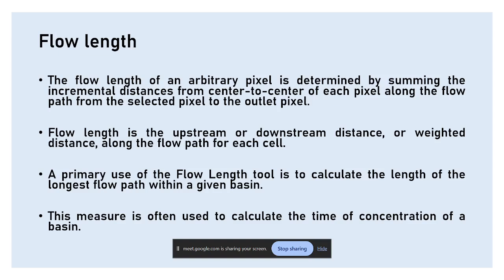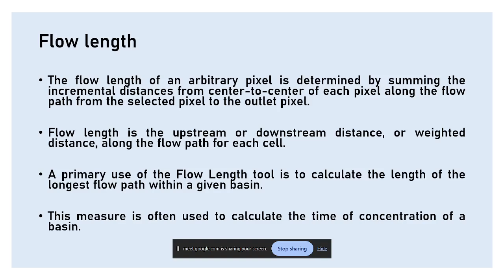This measure is often used to calculate the time of concentration of a basin. So basically how much distance it has to travel, we can determine that through this particular step in the surface hydrological model, because we are basically talking about the flow direction, right? So how far it has to travel, that can be determined in this particular step of the surface hydrologic model.